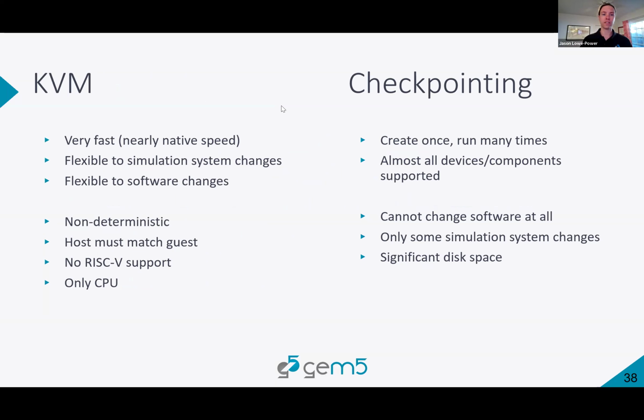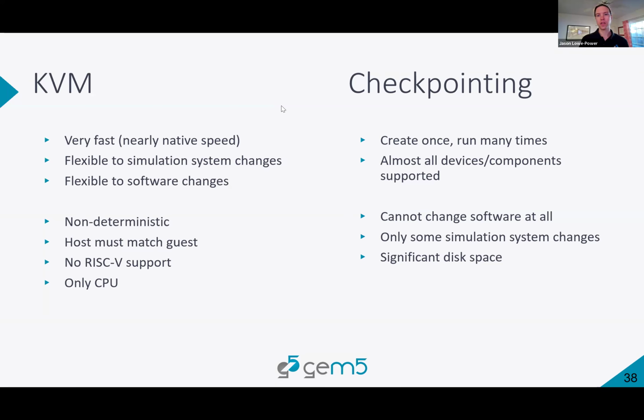So we lose all the determinism in our simulator when we use KVM. The host must match the guest. So if you want to run an ARM system, you have to be on an ARM host. There's no RISC-V support yet in gem5 for this. And KVM can really only fast forward the CPU. So maybe we have some ideas on how to do some other kinds of fast forwarding for GPUs and other things.